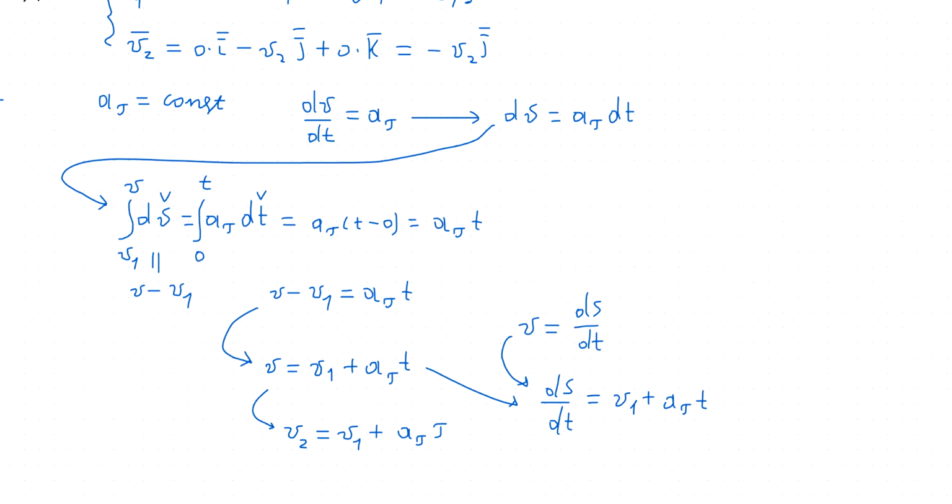We need distance divided by time, so find velocity plus acceleration t tau. It must be final.